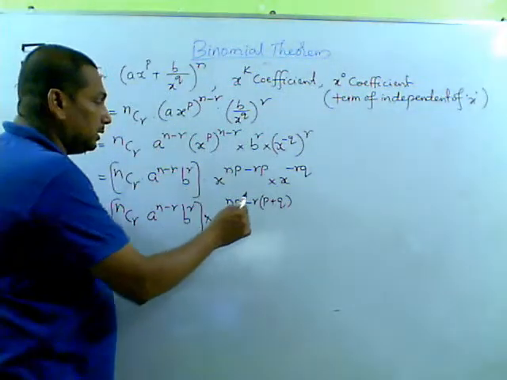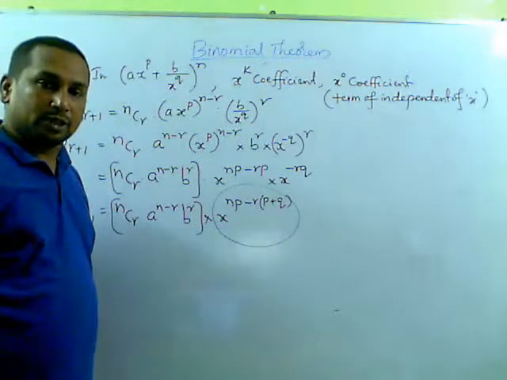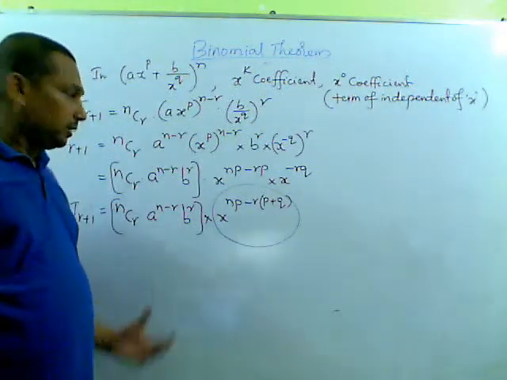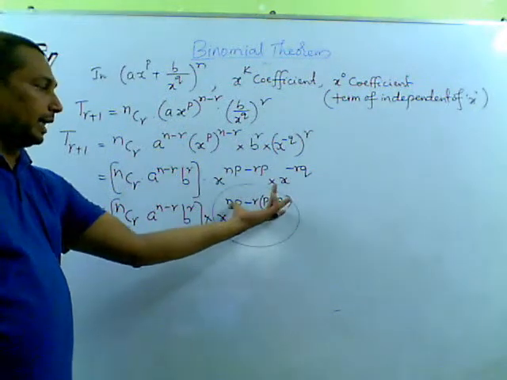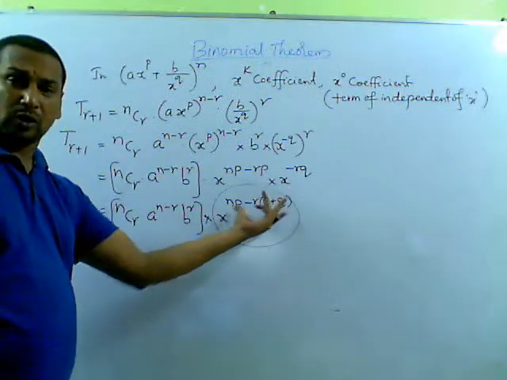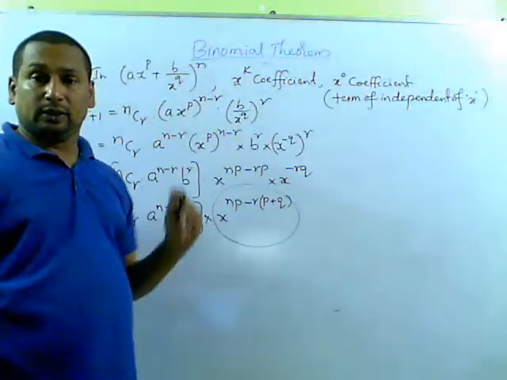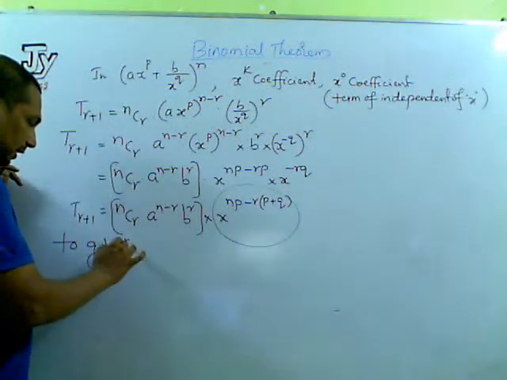Suppose, listen all of you, this part is x power k. What we have to find is the x power k coefficient.